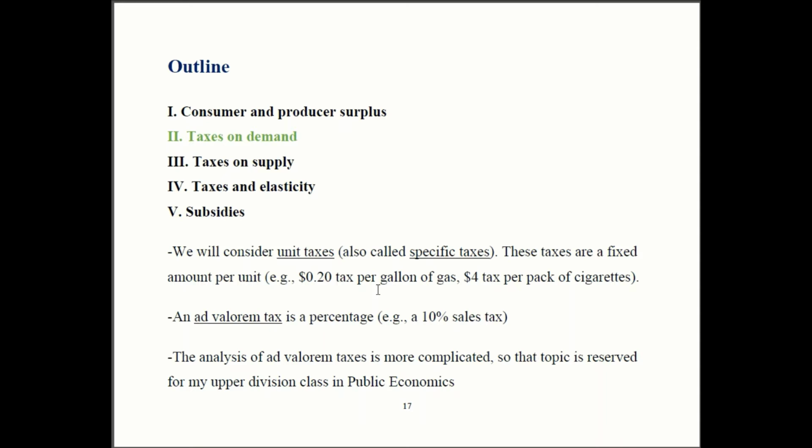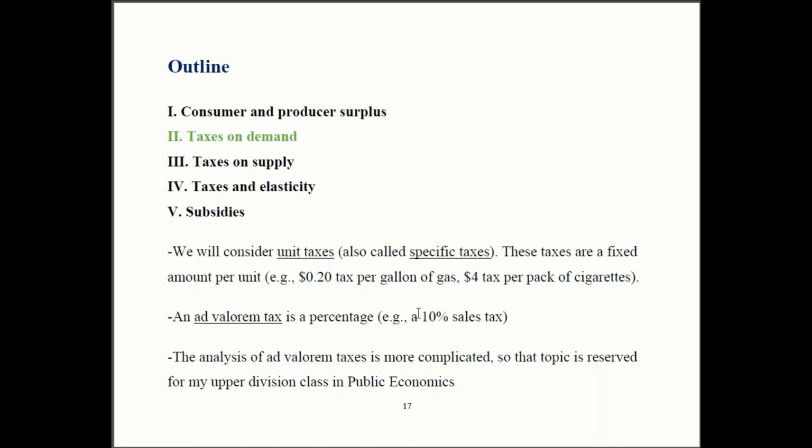Those are unit taxes. The other main kind of tax is called an ad valorem tax. That just means it's a percentage. So many states have a sales tax where you pay 10% of the sales price in taxes on top of it. Those are ad valorem taxes.